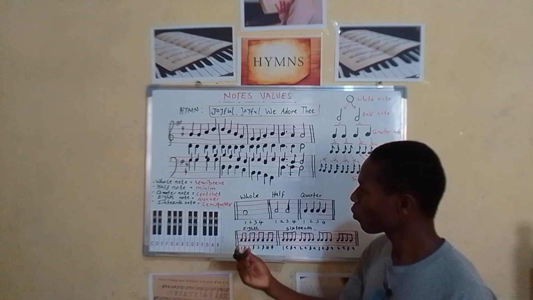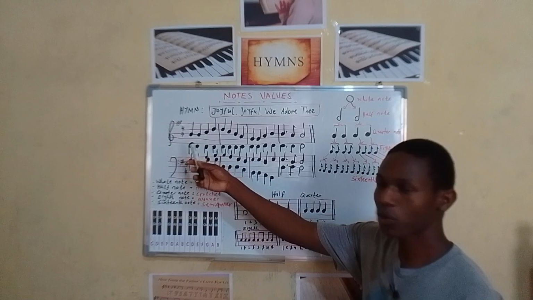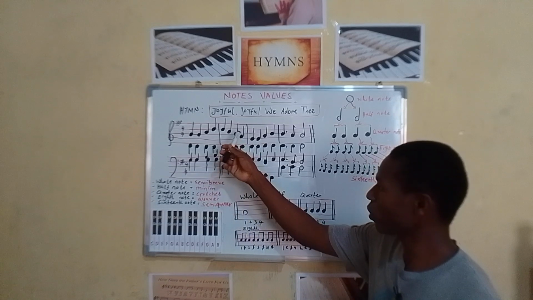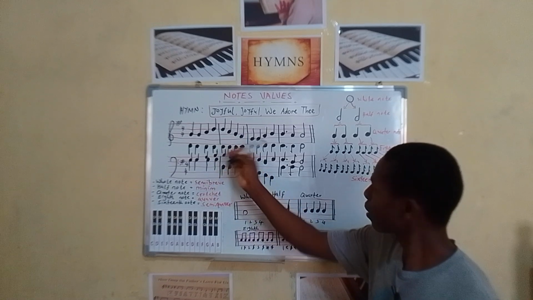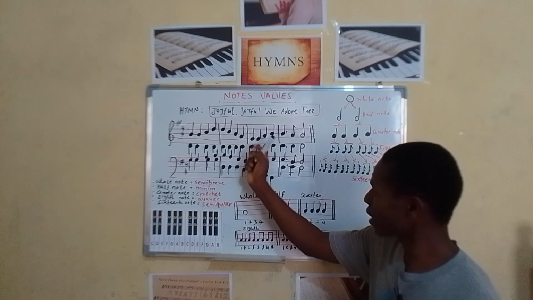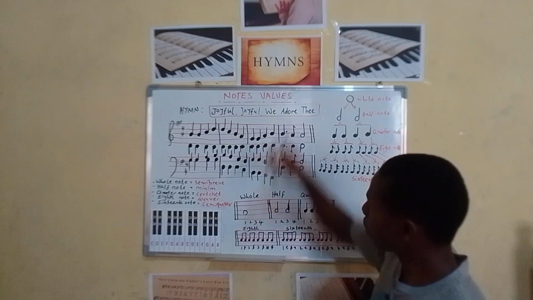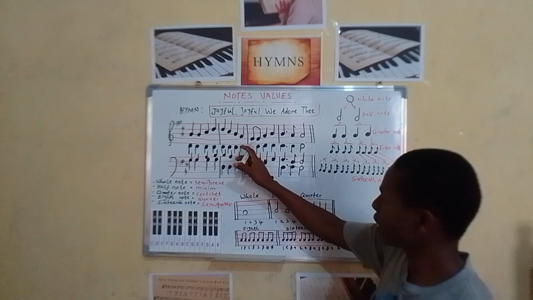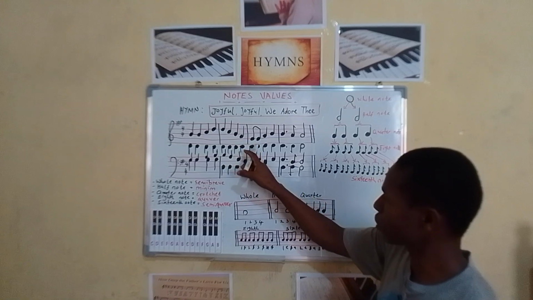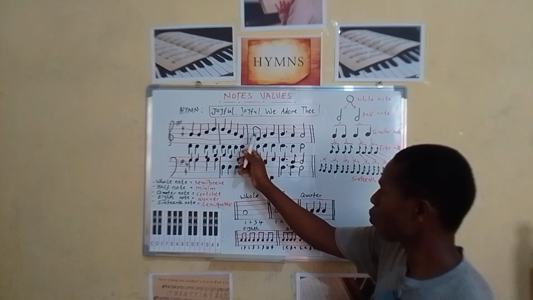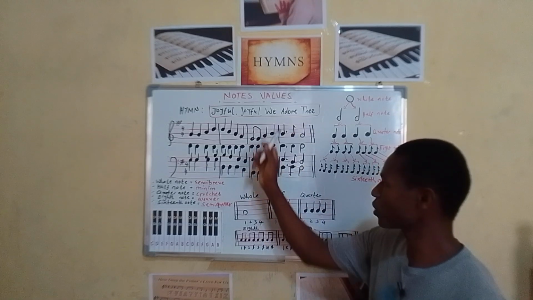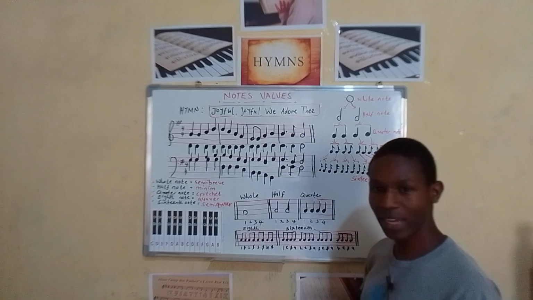In part 3, we'll have notes which have ties. For example, this note and this note are in the same pitch and can be tied together like this to represent a half note. So it will be counted 1 like that. So in part 3, we shall talk about tied notes.